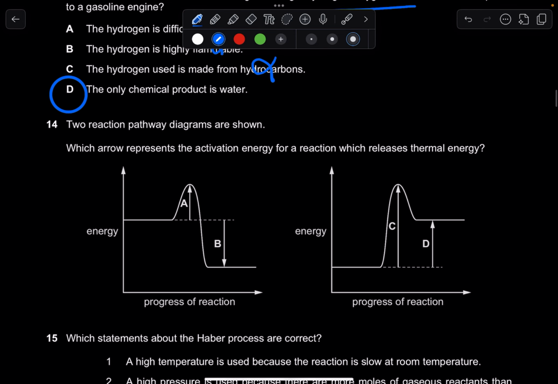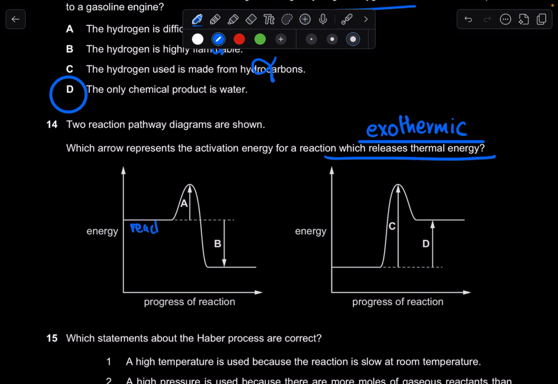Two reaction pathway diagrams are shown. Which arrow represents the activation energy for the reaction which releases thermal energy? Since it's releasing thermal energy, it has to be an exothermic reaction, and for the exothermic reaction, the reactants should be above and the products below.